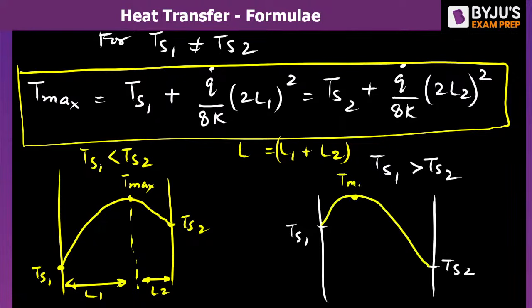This is T maximum. This distance is L1, and this distance is L2. So either you can use TS1 or TS2. But if you are using TS1, then 2L1 whole square will be the value, and if you are using TS2, then it will be 2L2 square. I hope this is clear.